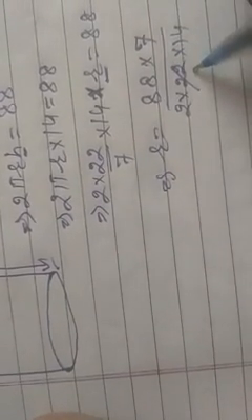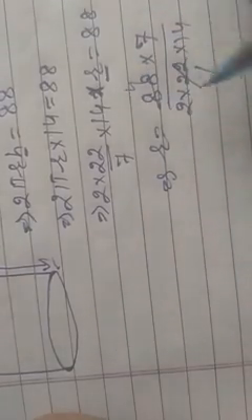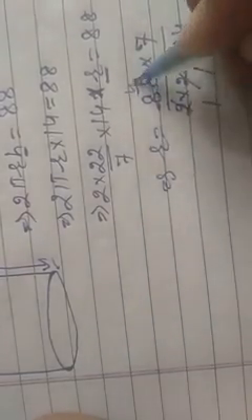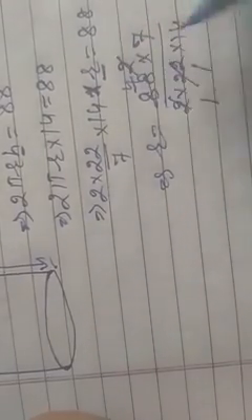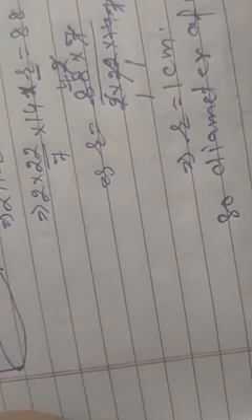Calculate: 22 1s are 22, 22 4s are 88, 2 1s are 2, 2 2s are 4, 2 7s are 14, 7 cancels with 7. Then this implies that r is equal to 1 centimeter. So the diameter of the cylinder is equal to double the radius, 2 into 1 is equal to 2 centimeter.